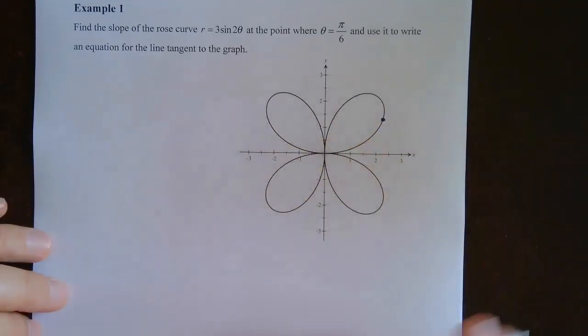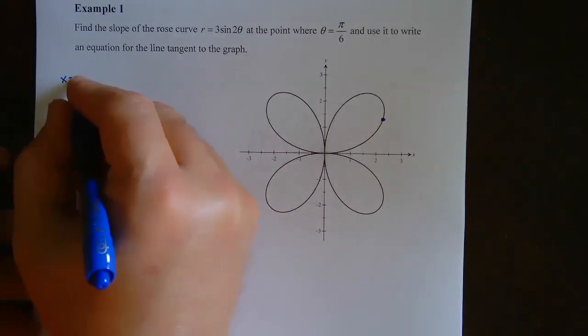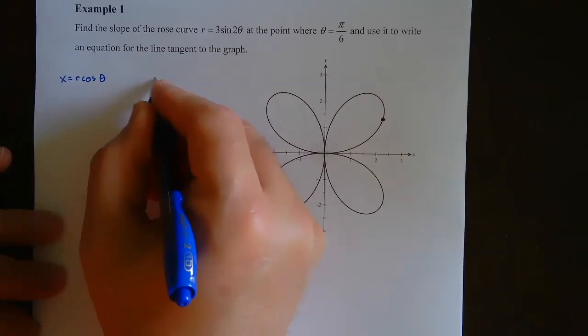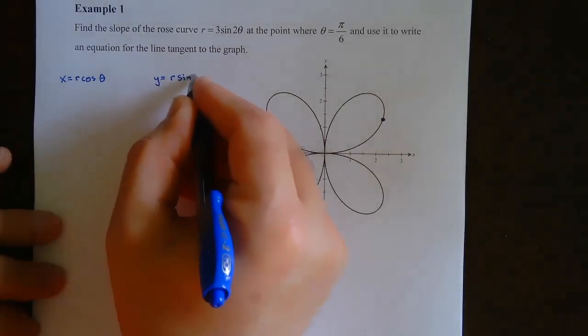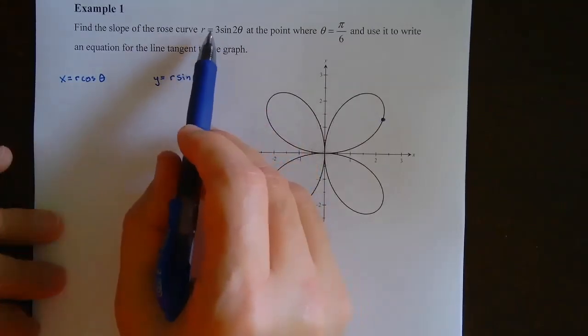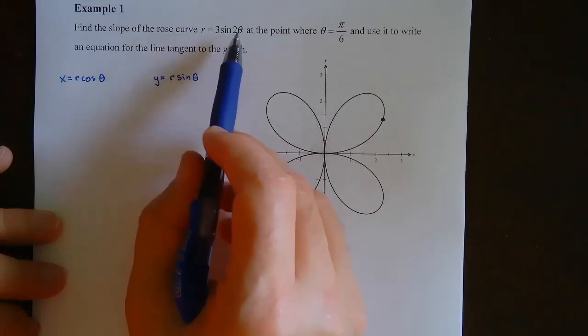So what do we know? We know that x is equal to r cosine of angle theta, and we know y is equal to r sine of theta. And from our polar curve, we know that r is equal to 3 sine of 2 theta.